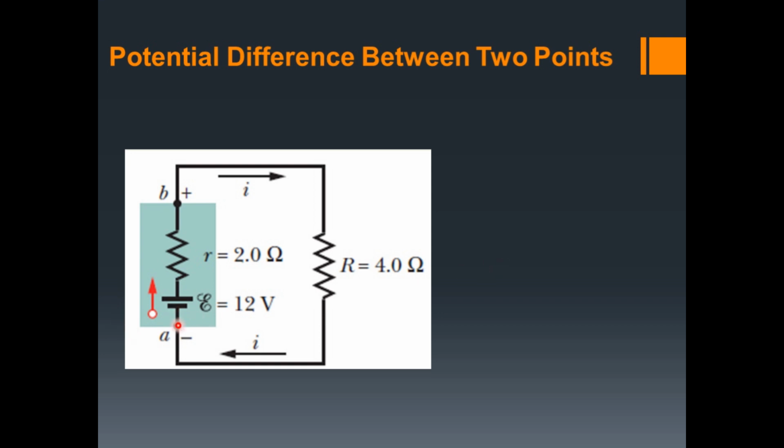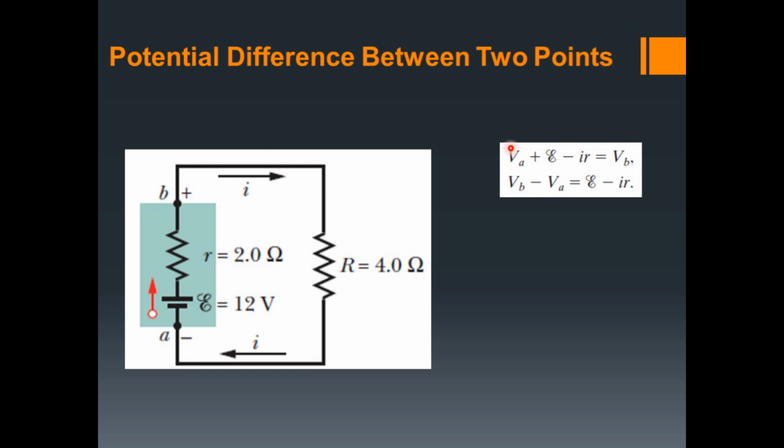So if we travel in this way from A to B, if we apply the loop rule, VA is the potential at point A and VB is the potential at point B, then VA, and when you pass through this EMF in the direction of the current or in the direction of the EMF, which goes from negative terminal to the positive terminal, then we take it positive.